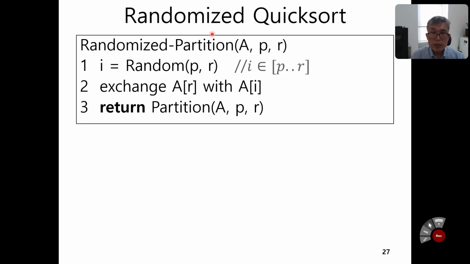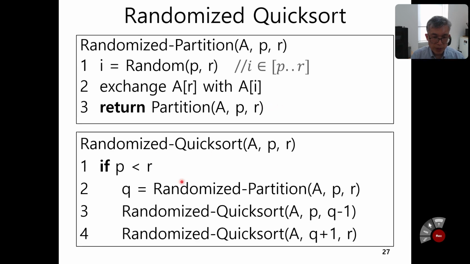So in randomized quicksort, we do the partition with randomization. In the first line, we randomly select a pivot index and then exchange the rightmost element and the pivot element, and then we call partition and return. So the pivot value can handle the already sorted case.